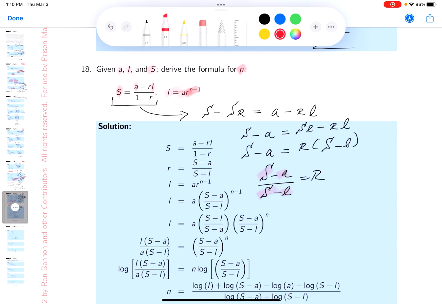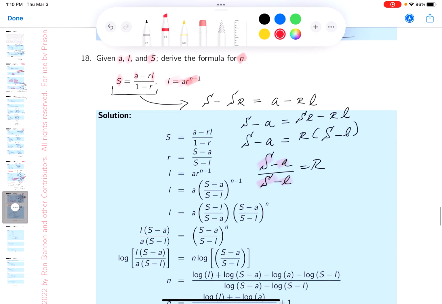I'm looking at that second formula, and the second formula says L is equal to A times R. Well, this is what R is, right? And what's R? It's S minus A over S minus L to a power. What power? N minus 1. All right?